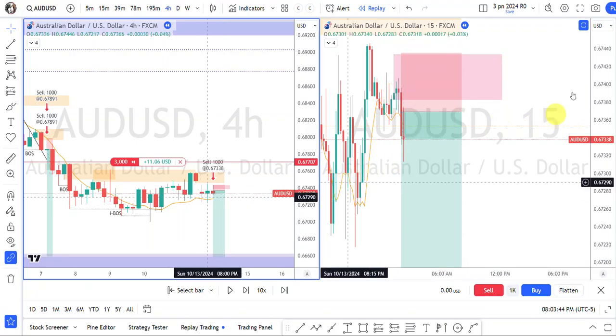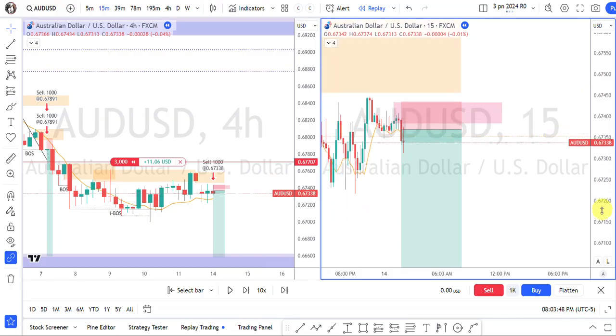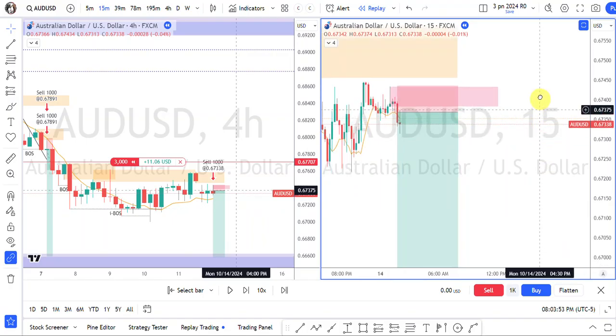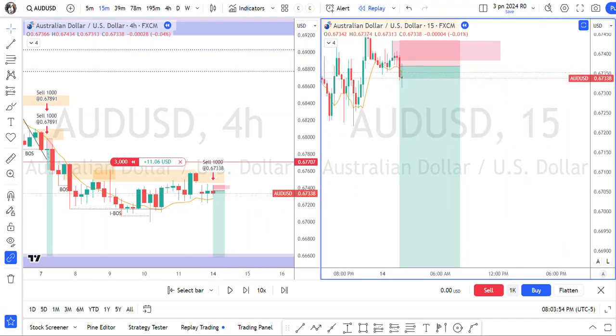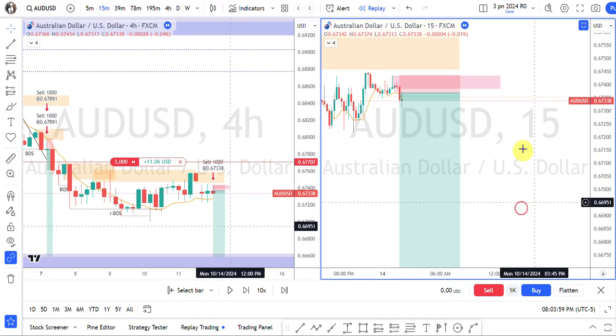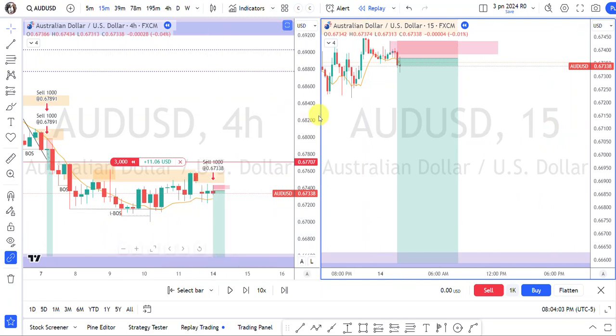Now I'm going to simply change the view on this screen so we can just let the autoplay play out and see the rest of the trade come to an end. Okay, there's that.